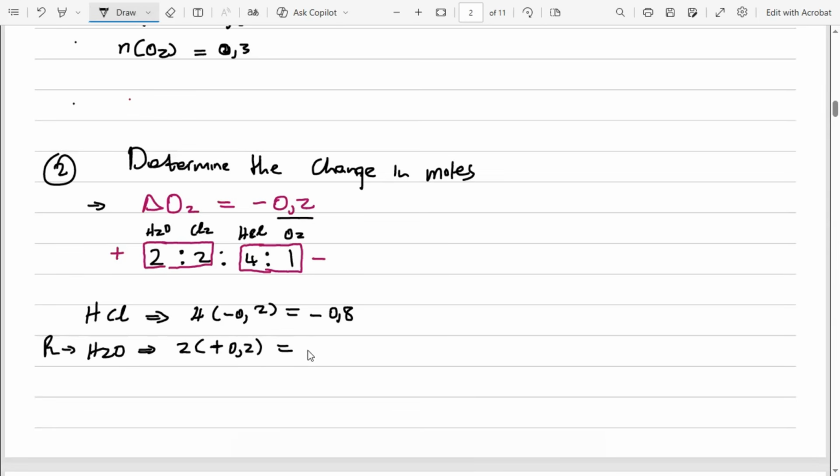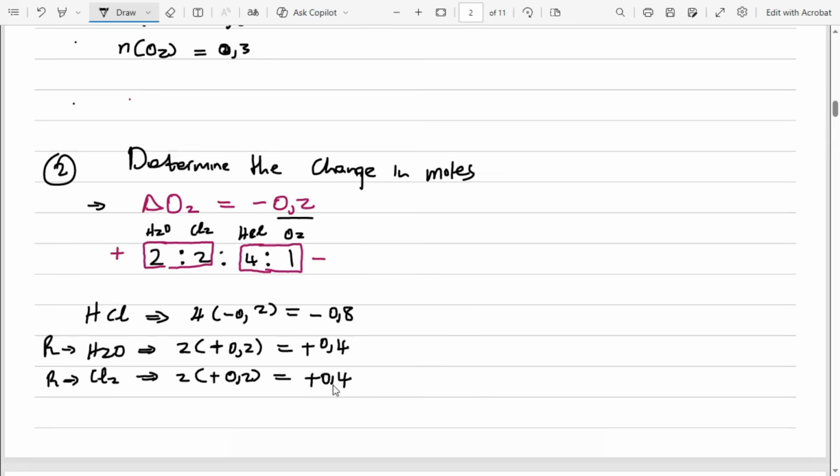This will make sense when I complete my table. So this will be positive 0.4 for H2O, and for Cl2, 2 times positive 0.2, which is also positive 0.4.